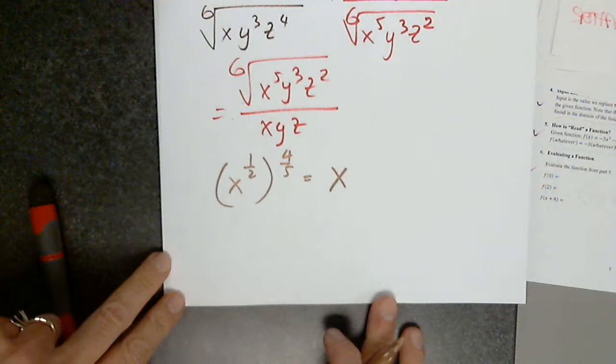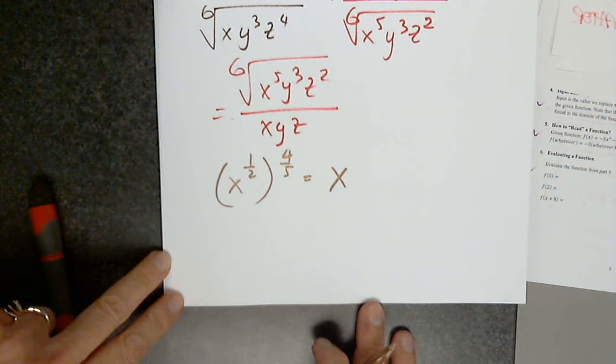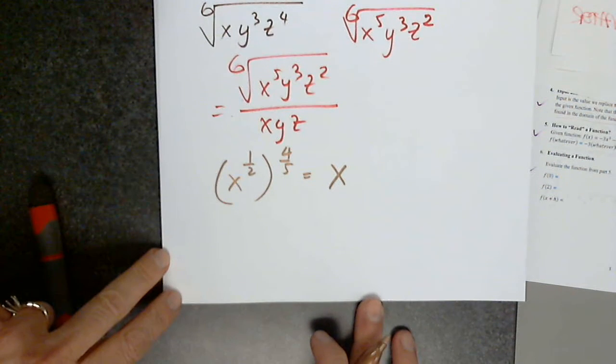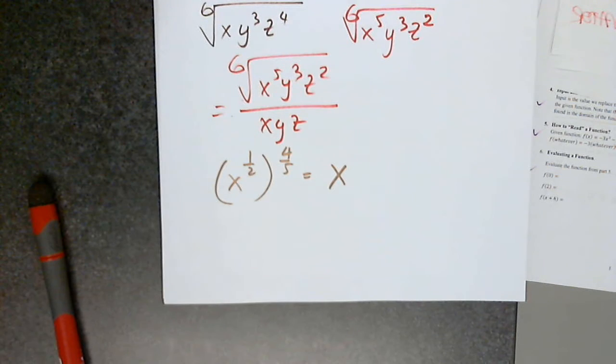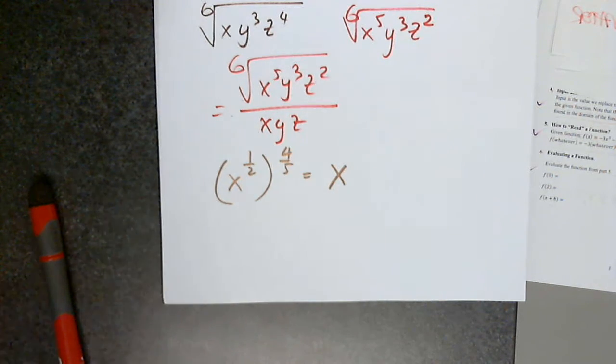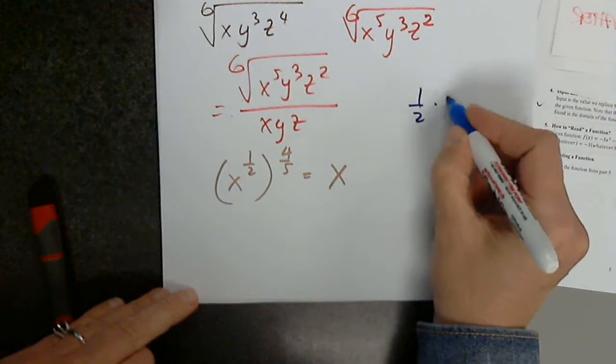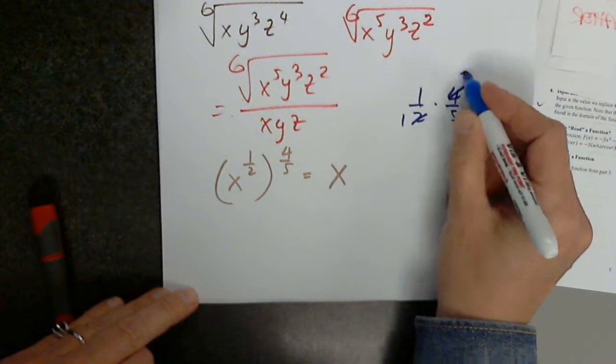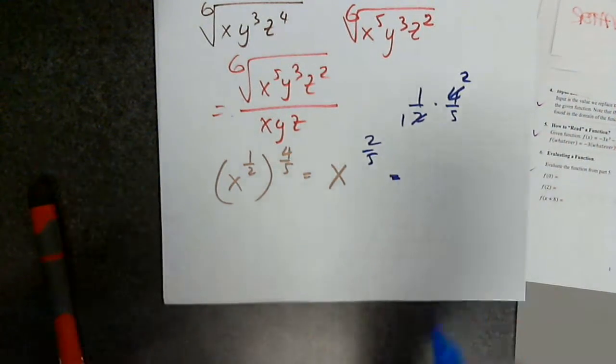What happens with the exponents? Yes. So 1 over 2 times 4 over 5. I simplify, so I get 2/5.